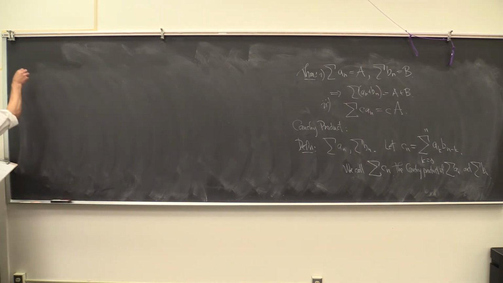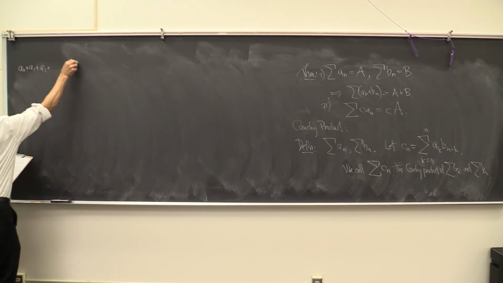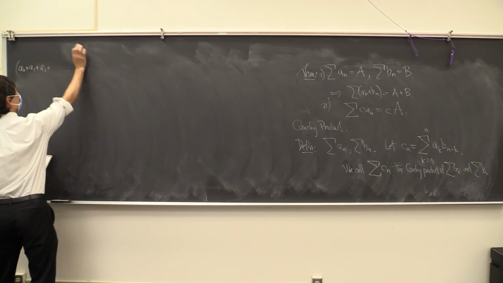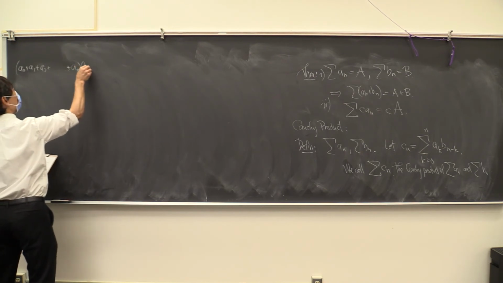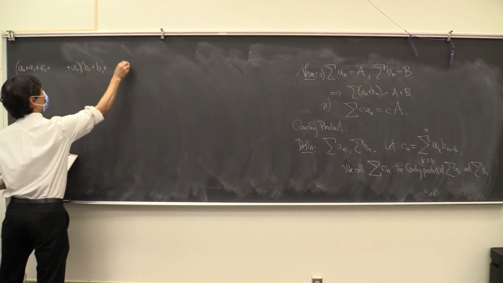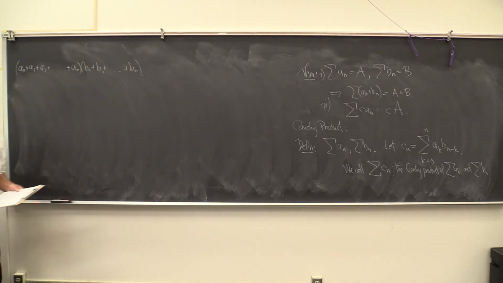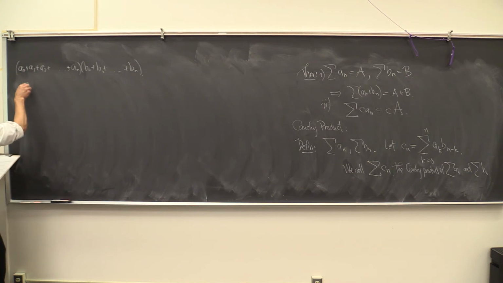The picture you want to have in mind is the following. Let me just take the partial sums and multiply the partial sums of these two series together. You're going to have a naught b naught, a naught b1, a naught b2, up to a naught bn.